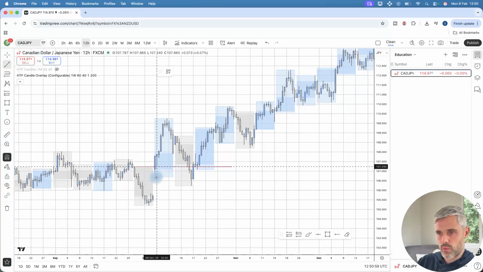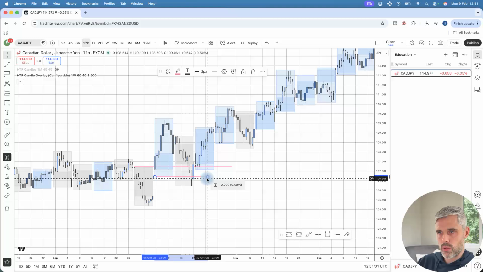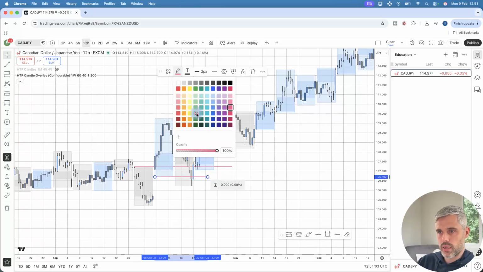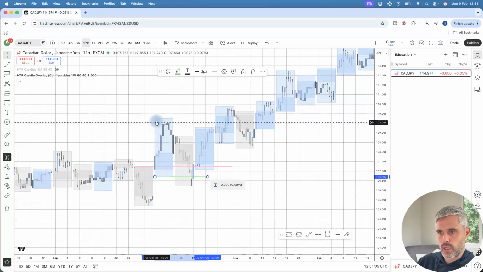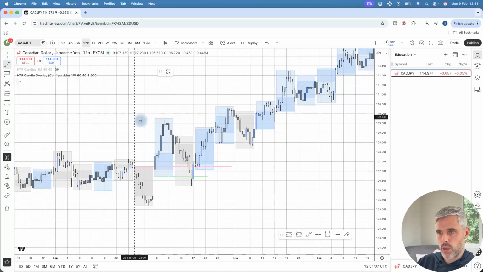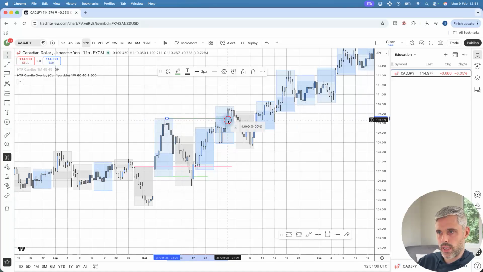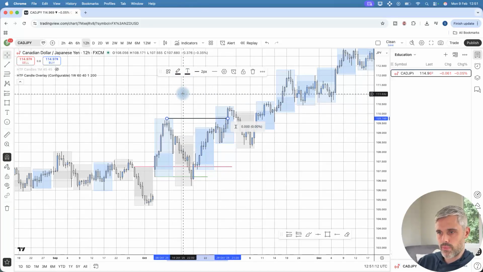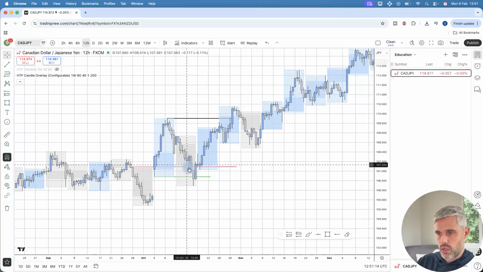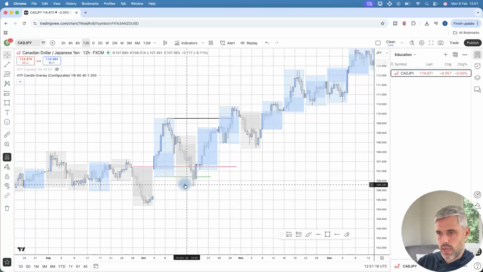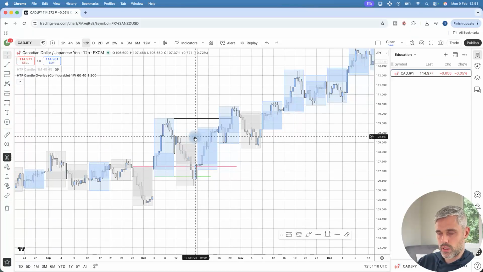In doing so, we sweep below a previous weekly candle. So this is our weekly accumulation. We then expose a higher time frame target right here, which eventually gets run. So we have a close inside. This becomes our manipulation candle.